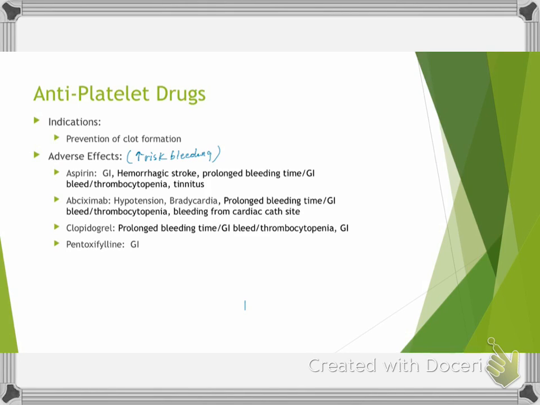So aspirin, you can have GI or hemorrhagic GI issues, which would be like nausea, vomiting, GERD. They can use a proton pump inhibitor, a PPI, if they want to help with that. It can cause hemorrhagic stroke. Because of this potential, they need to report any weakness, dizziness, or headache.